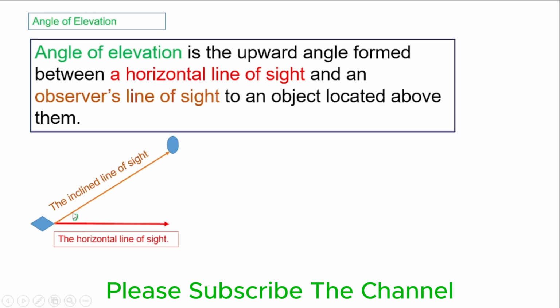Now you get an angle theta here, which is between the horizontal line of sight and the line from the object to the observer. That means the inclined line of sight. And here the angle theta is called the angle of elevation.